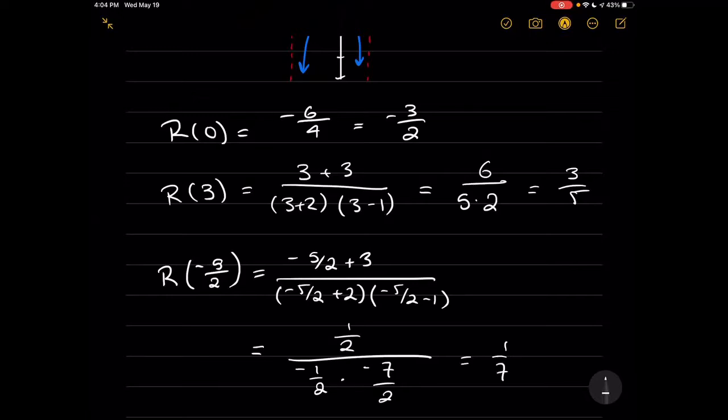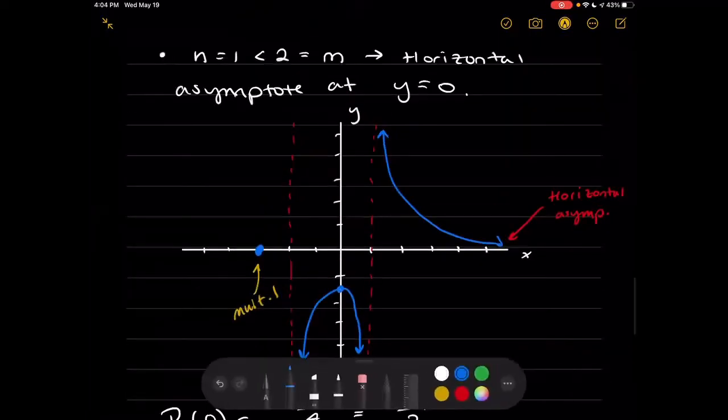So that's positive. So if we go back to our graph here, this is going to look like this. Now, because the 0 is multiplicity 1, we know it's just going to pass straight through. So it's going to be negative on the other side of that 0. So on the other side of the 0 it's going to look like this as it approaches the horizontal asymptote. And that's what the rational function looks like.